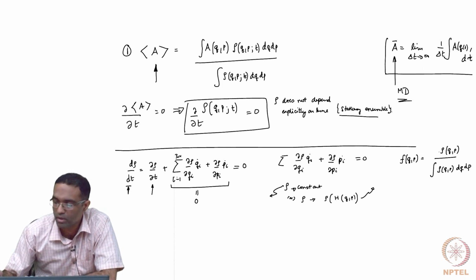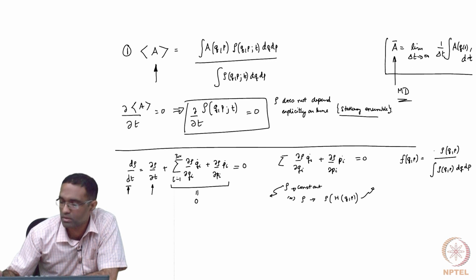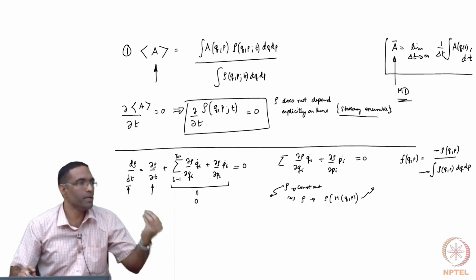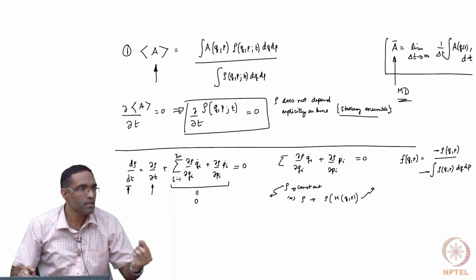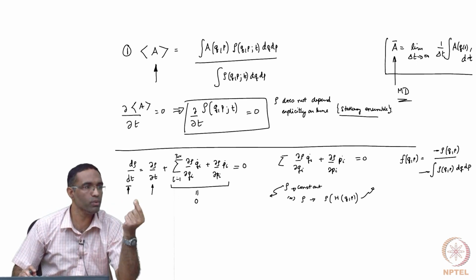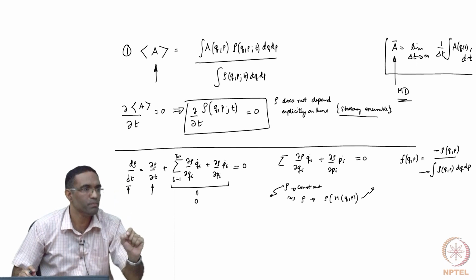The numerator here is the number of points per unit volume, and the denominator is the total number of points. So number of points per unit volume divided by total number of points is a measure of the probability density, the probability that in a given volume dp dq you find the value p, q. That's what it means.